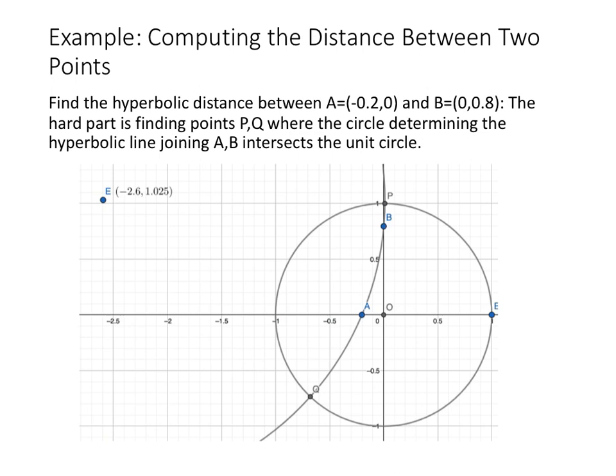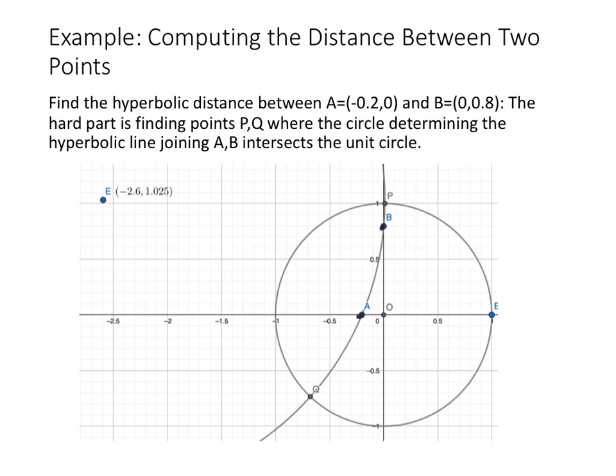Now we're going to step back and consider some of the difficulties involved in computing the hyperbolic distance between two given points. In this example, we're going to be computing the hyperbolic distance between A, whose coordinates are (-0.2, 0), and B, whose coordinates are (0, 0.8).